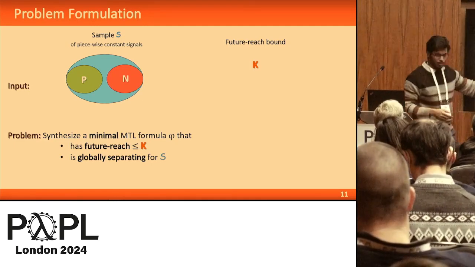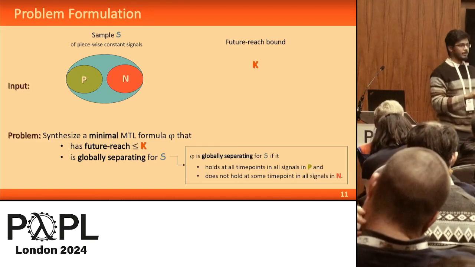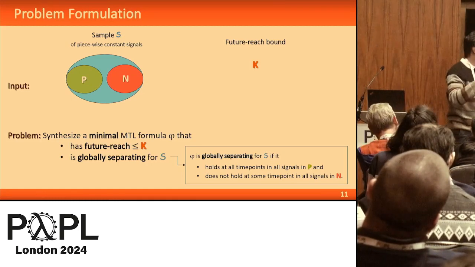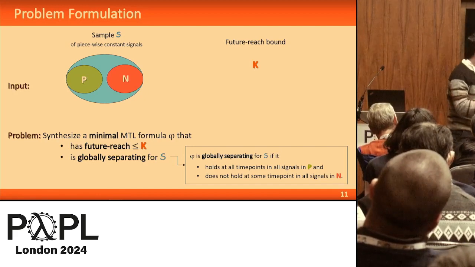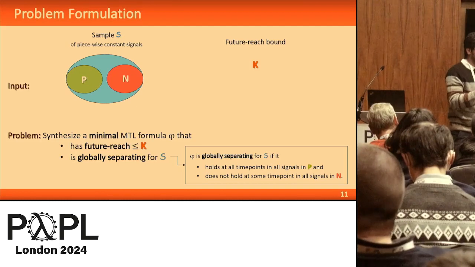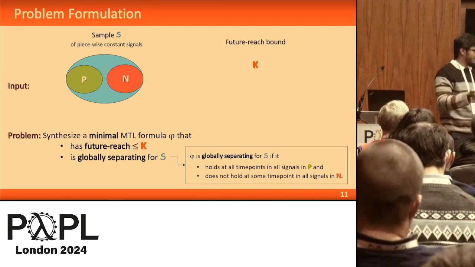So what is this term globally separating? A formula is globally separating if it holds at every time point for the positive examples and does not hold at some point for the negative examples. We choose this because in runtime verification, formulas are usually monitored globally on the system.